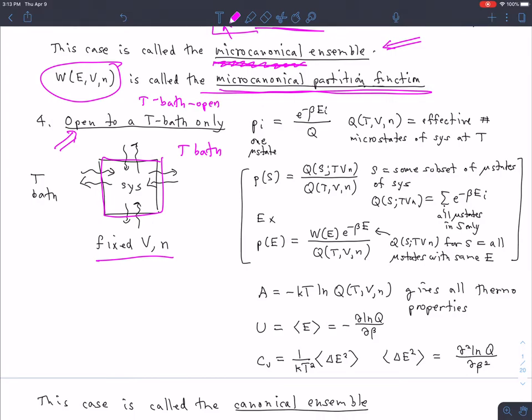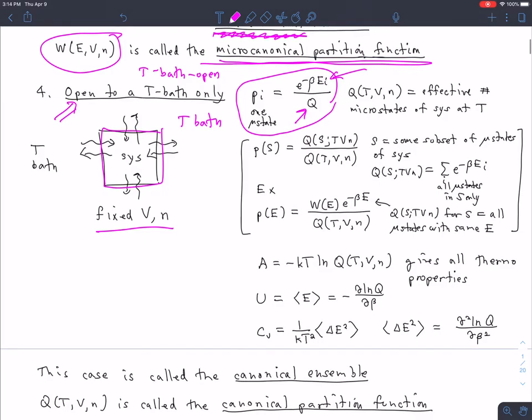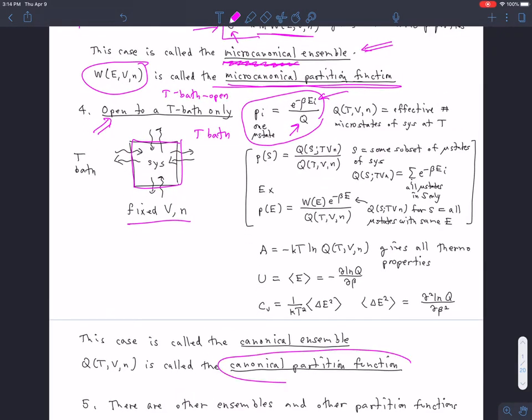Then we saw that the probability for one microstate in that case is given by the Boltzmann distribution, e to the minus beta energy of that microstate, divided by this quantity Q, the canonical partition function. And we've seen first of all that the probabilities are important. We can use that to get some feeling for how likely you are to see any one given microstate of a system. But the Q itself, the canonical partition function, is also important. And I'll say more about that down here.